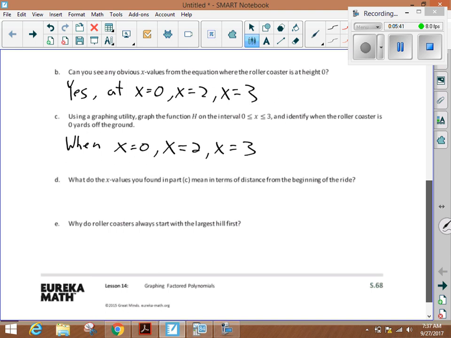This function gives us x in yards away from the beginning, and it outputs h of x, which is yards away from the ground.